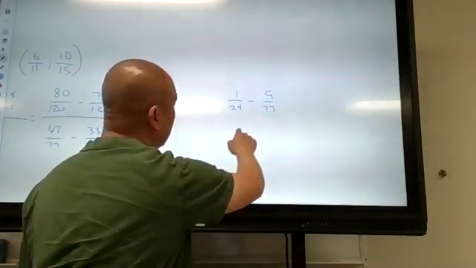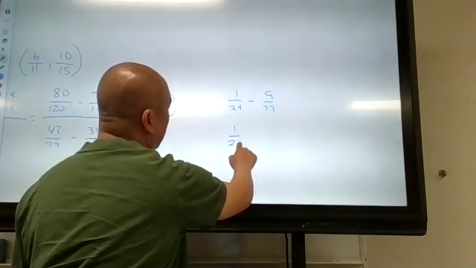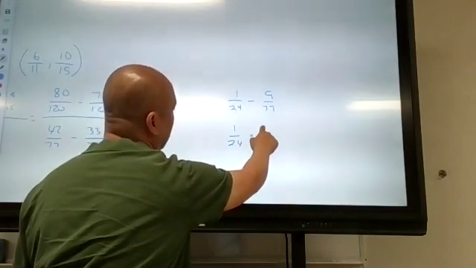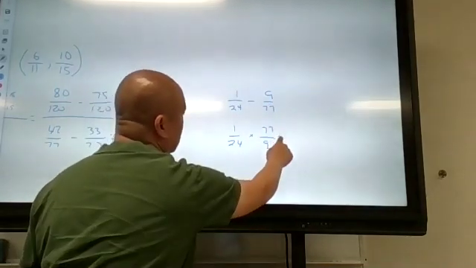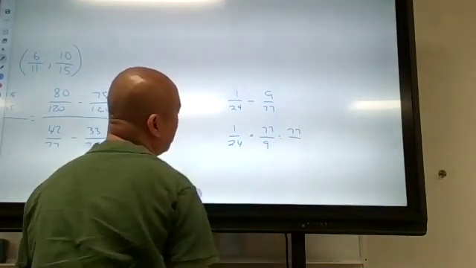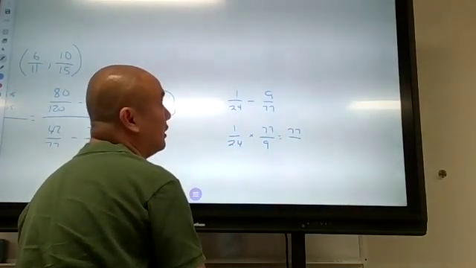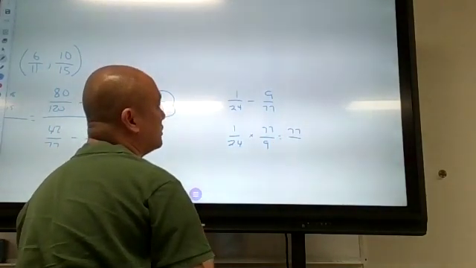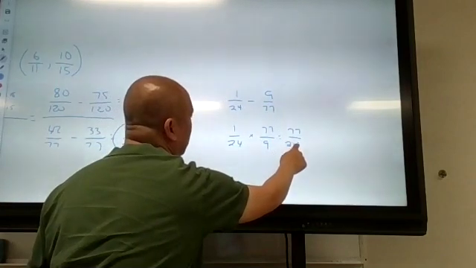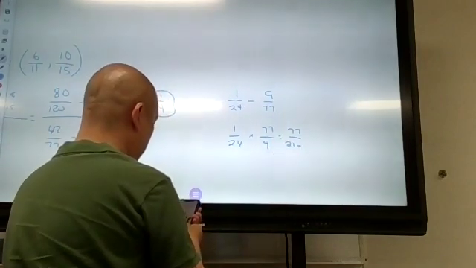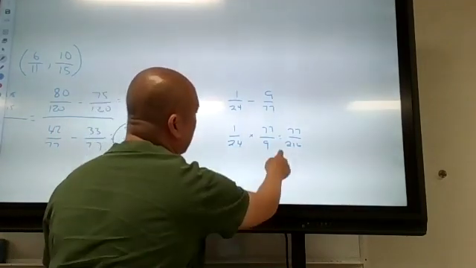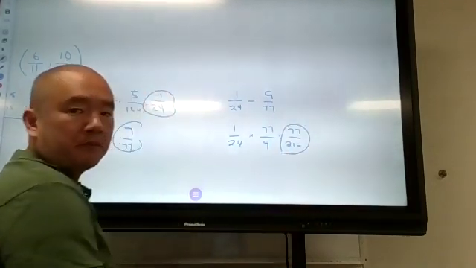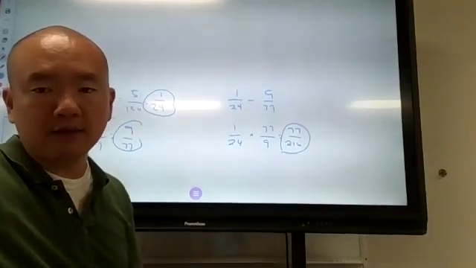So it'll be 1 over 24 times 77 over 9. When you multiply this out, it equals 77 over 24 times 9. 24 times 9, yeah, 216. And this is your final slope. Okay, so hopefully you have that down.